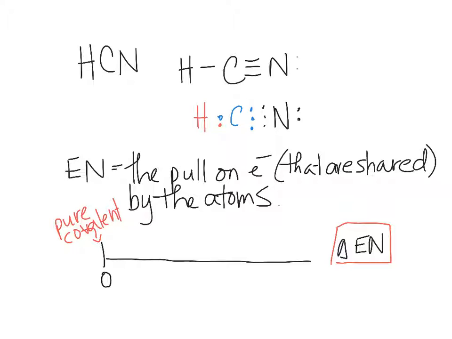Okay? If the difference in electronegativity is between 0.5 and 1.7, the bond will be polar.